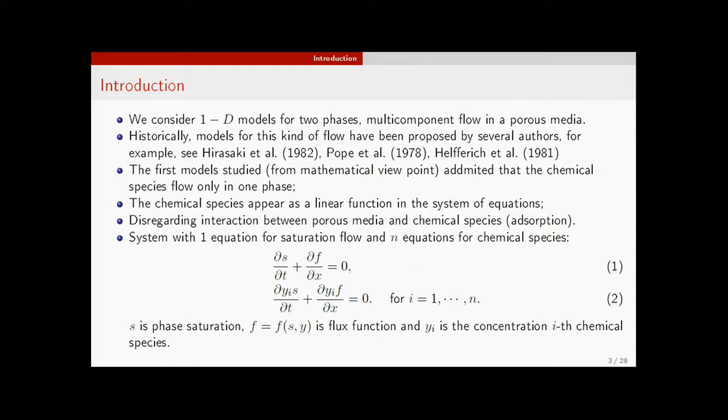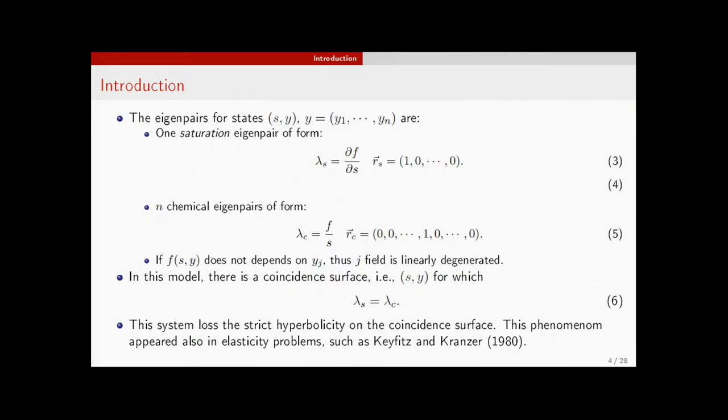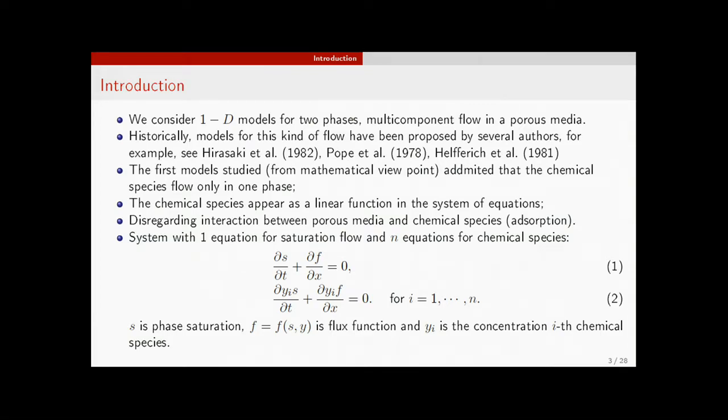The first models study only one phase. One example is this model, presented for the case n equal 1.